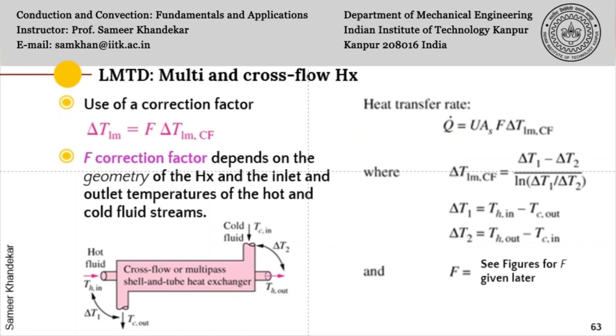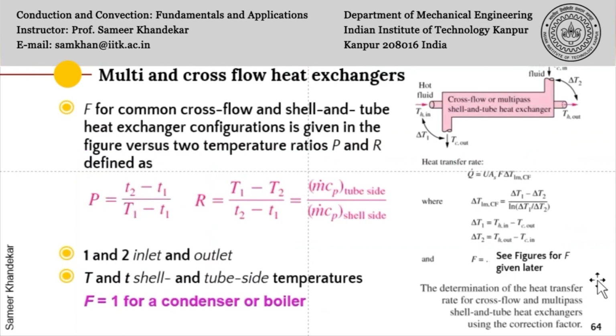We are moving on to slide number 64. How is this data given? This data is given in the form of two non-dimensional quantities. The F for common cross flow and shell and tube heat exchanger configurations is given in the figures, which I will show you next, against two temperature ratios defined like this.